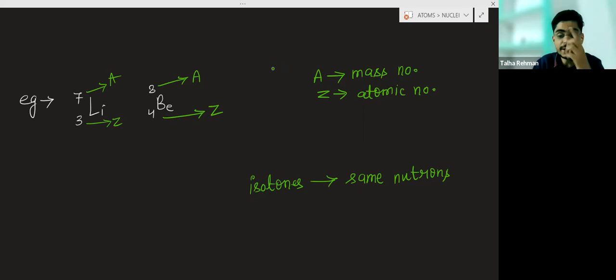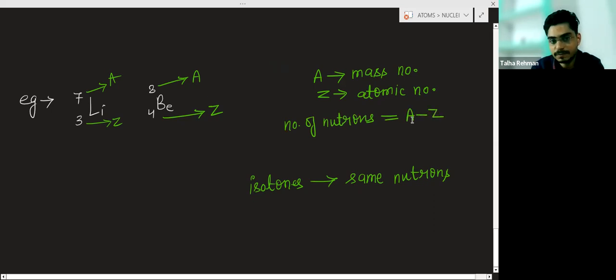If you are calculating the number of neutrons, it will be mass number minus atomic number, A minus Z.